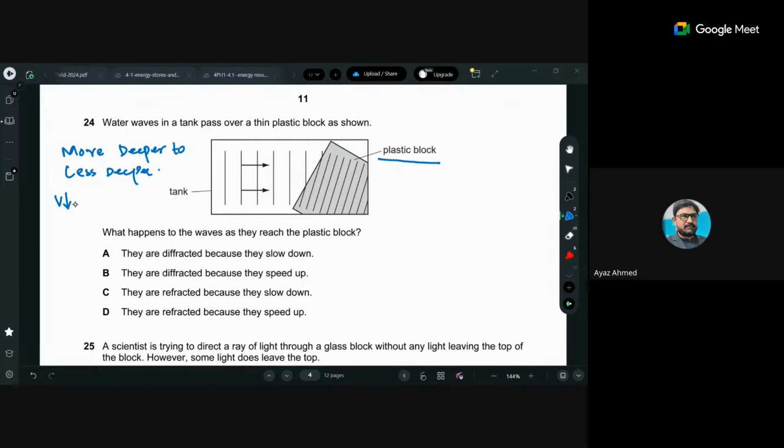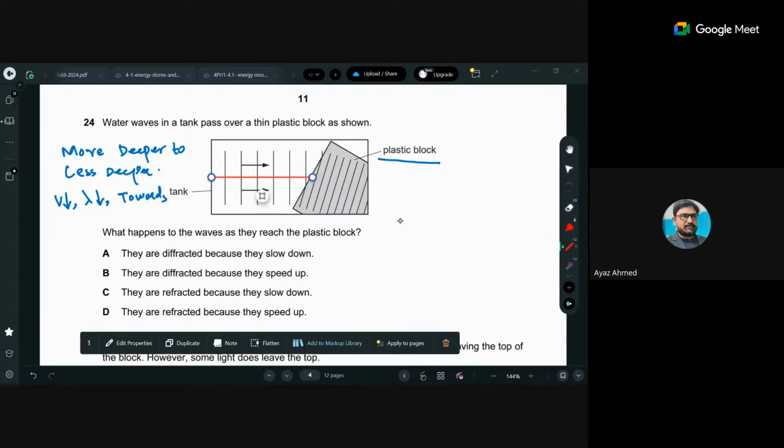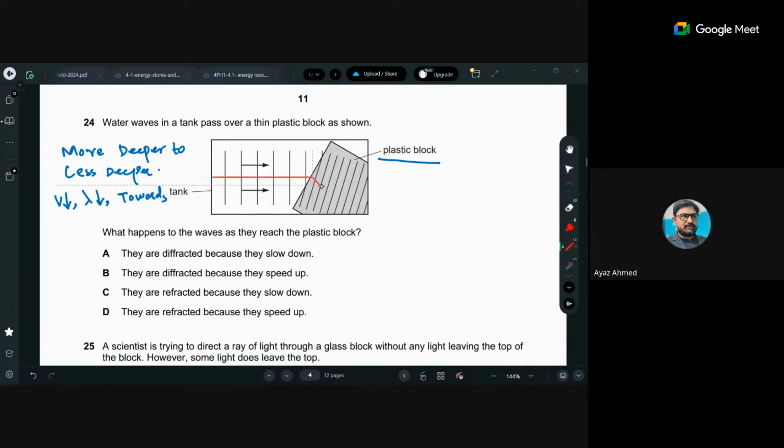Wave speed decreases, wavelength decreases, and the wave bends towards the normal. Am I right? If you see the wave entering over here, it would bend something like this. Did you see? It is bending towards. So what else did you notice?